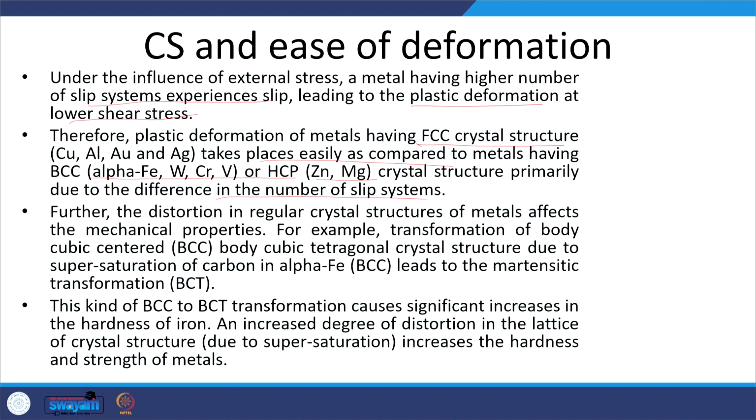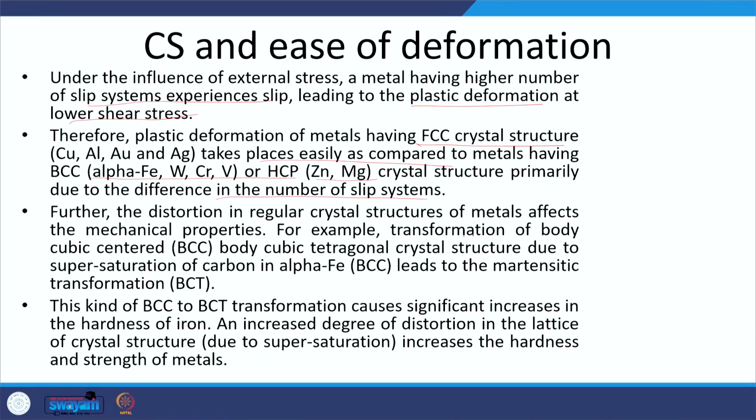This is how we can understand why metals with different crystal structures show different behavior in terms of the ease of plastic deformation. Further, distortion in the regular crystal structure of a metal affects the mechanical properties. For example, deformation of the BCC, body centered cubic, metal to the body centered tetragonal, BCT, crystal structure due to the supersaturation of carbon in alpha iron, that is BCC, leads to the martensitic transformation in the form of BCT.